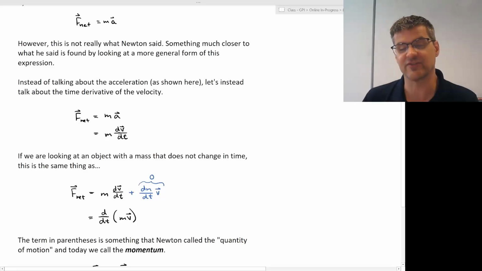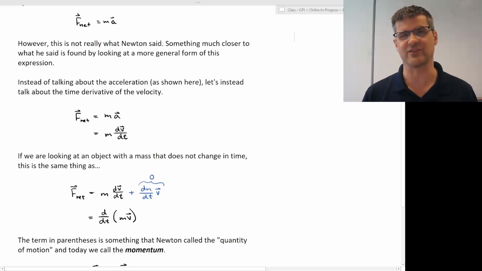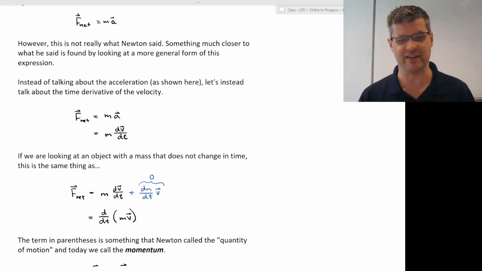Now this looks like part of a chain rule. And if we have this product rule where we're taking the derivative of two things multiplied together, in this case the mass and the velocity, you would colloquially say from calculus that you're taking first times derivative of second plus second times derivative of first.